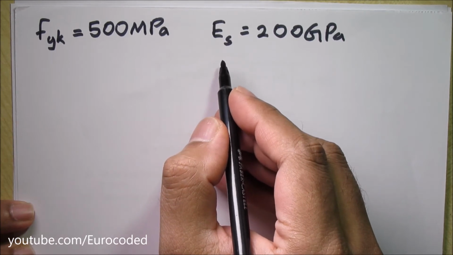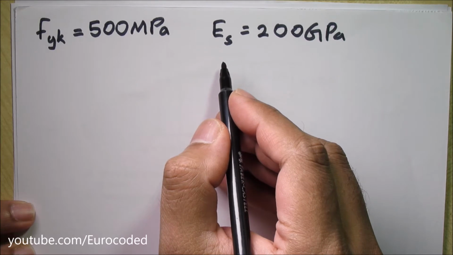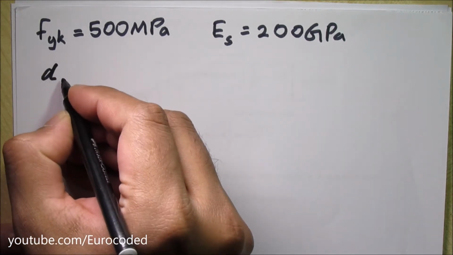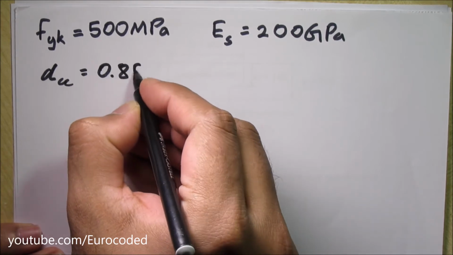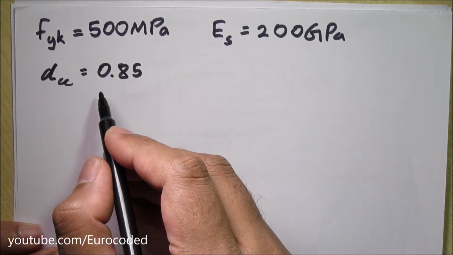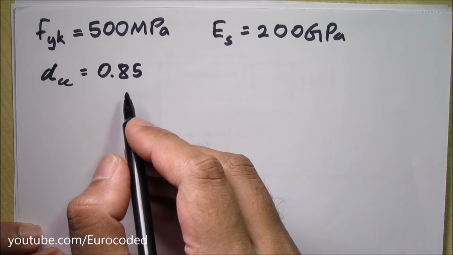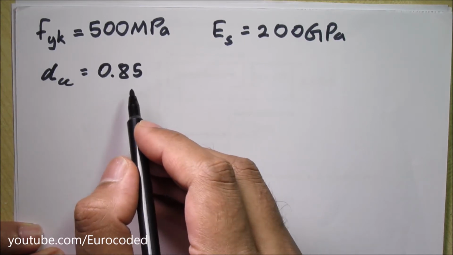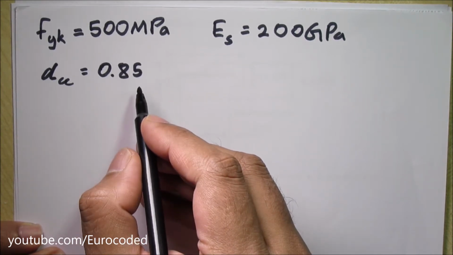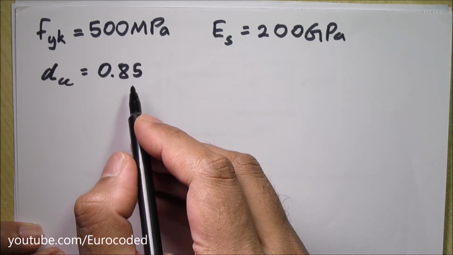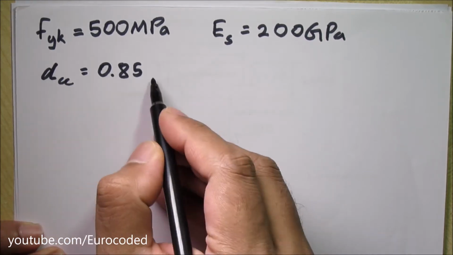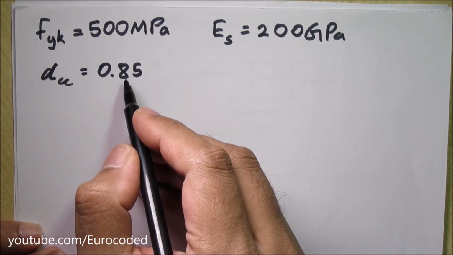Es is the design value of the modulus of elasticity of reinforcing steel. Alpha cc is equal to 0.85. Alpha cc is the coefficient taking account of long-term effects on the compressive strength and of unfavorable effects resulting from the way the load is applied, and this is related to concrete.